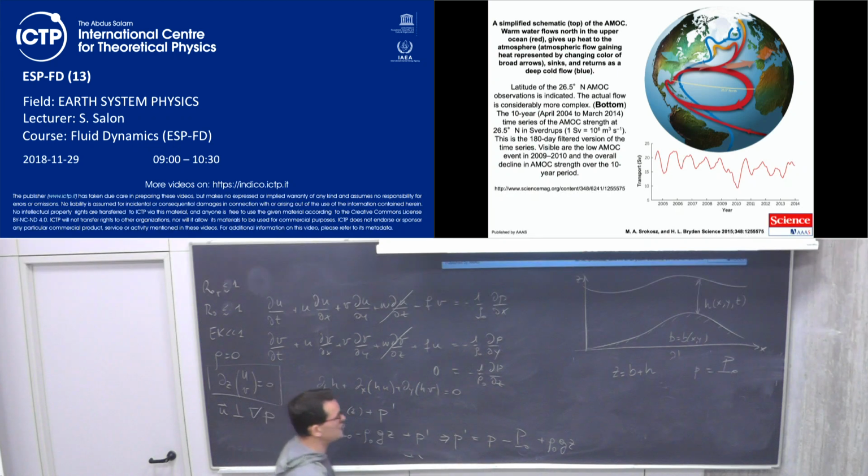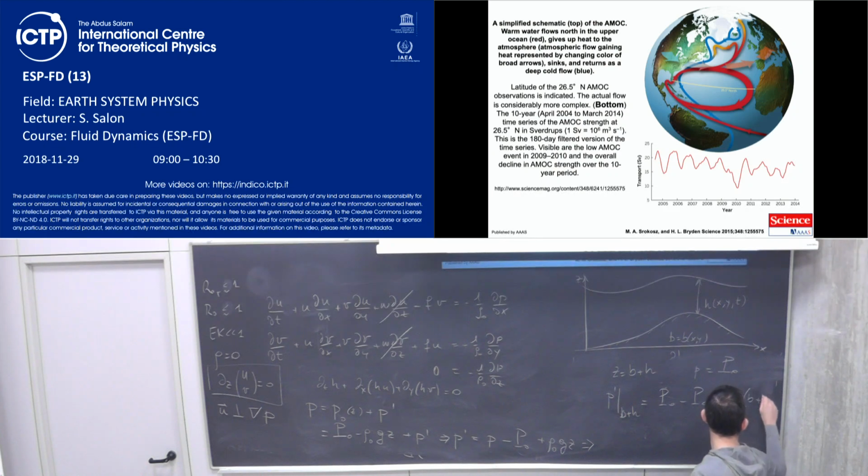So P prime solved at B plus H, with P at z equal B plus H equal to P0, will be P0 again, plus rho 0 G (B plus H).